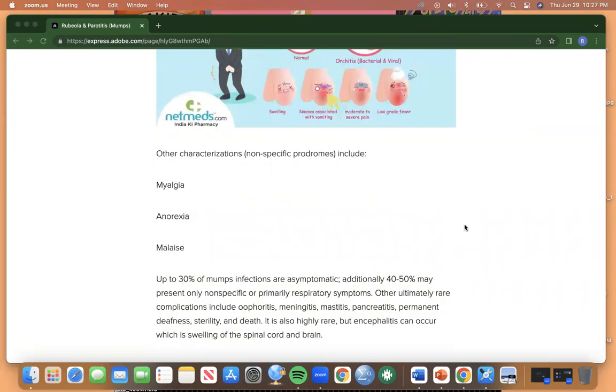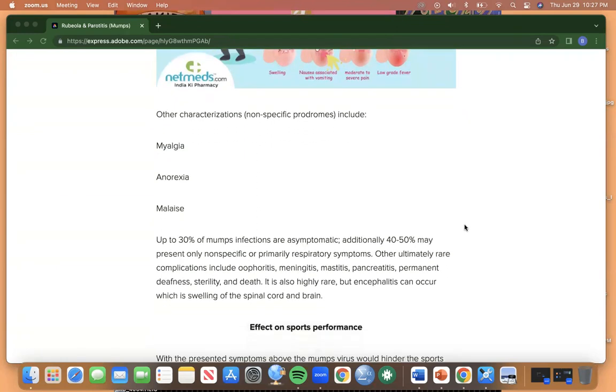Additionally, 40 to 50% may present only non-specific or primarily respiratory symptoms. Other ultimately rare complications include oophoritis, meningitis, mastitis, pancreatitis, permanent deafness, sterility, and death. It is also highly rare, but encephalitis can occur, which is swelling of the spinal cord and the brain.